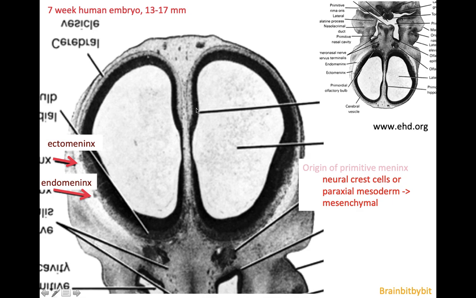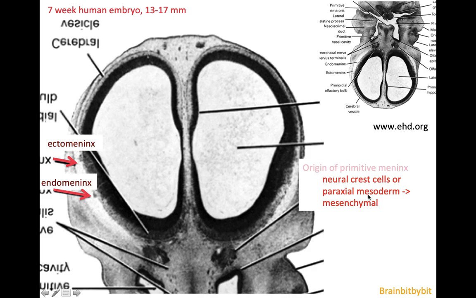This is a section through the forebrain with the lateral ventricles and the hippocampal primordium here, so we're anterior of the foramen of Monro. The exact origin of the primitive meninx has been debated for a while, and it was unclear whether it was derived from neural crest cells or from mesoderm.